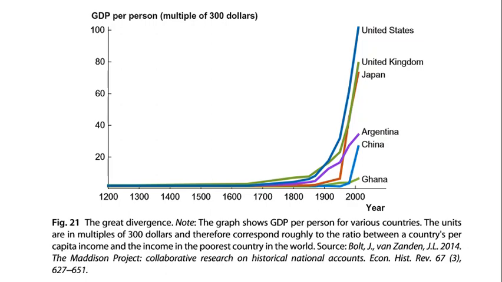We see the UK beginning the structural shift into larger growth rates. Then we see it happen in the United States. We see it happen in Argentina. And then post-World War II, it happens in Japan. Early 90s, we see it happening in China. And in Ghana, we don't really see it at all, right?